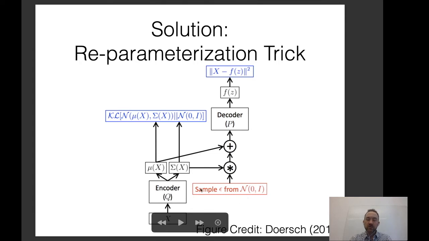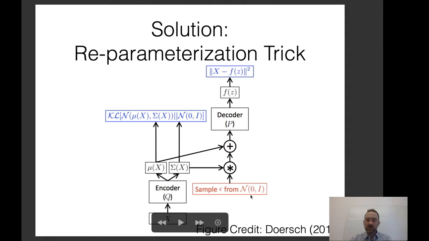So the way it works is it uses a feature of the normal distribution, the Gaussian distribution, which is that if we have a mean and a variance of a Gaussian distribution, we can sample from a zero mean and unit variance Gaussian distribution, and then multiply it by the variance here, and then we can add the mean, and now suddenly we have variables that are distributed according to the distribution that we would like to be generating from.